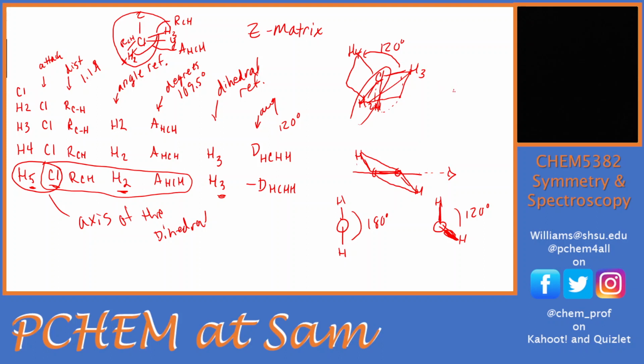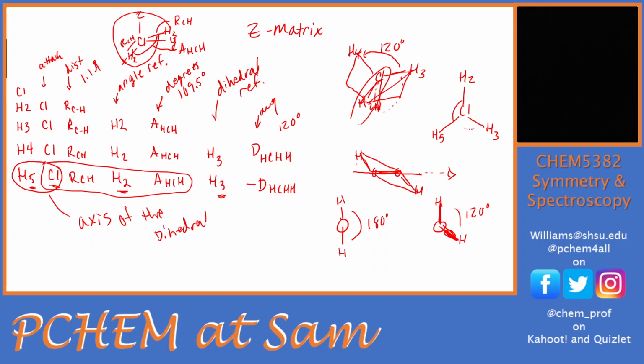So let me draw this a different way. H2 is on top. Carbon 1 is there. Carbon 3 is here. And we've defined hydrogen 5 here. So we said that hydrogen 5 is bonded to C1, and it's an angle with H2, and then it's a dihedral angle with H3.